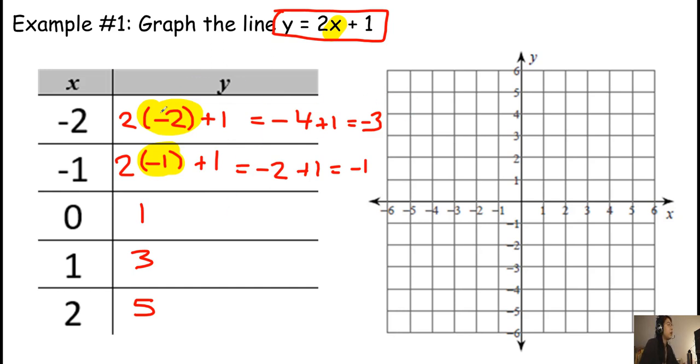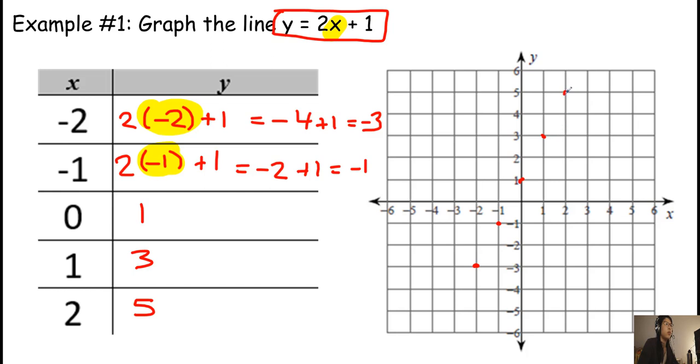So here we're going to plot our points, and we have -2 and -3 is the first point. So the x is on the horizontal, and we have to go to -2, which is here, and then the y value is -3. So that's our first point, and then -1, -1, 0, 1, 1, 3, and then 2, 5.